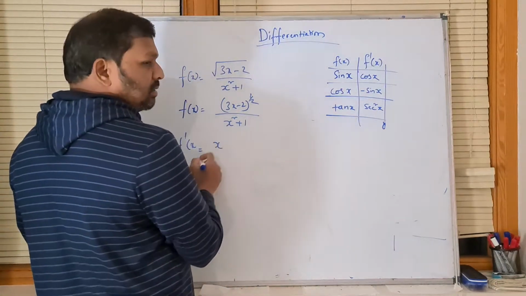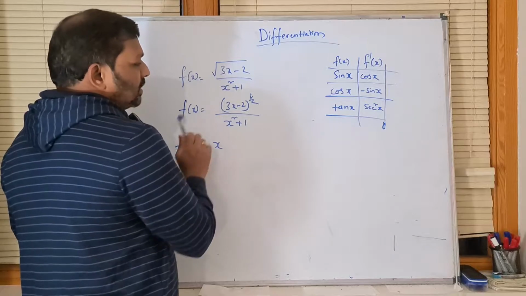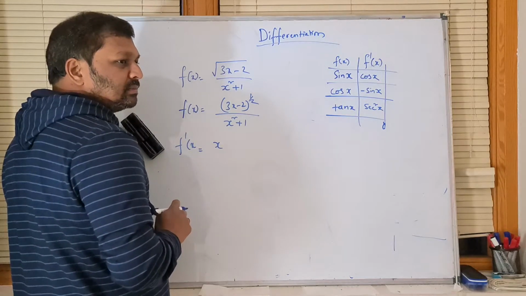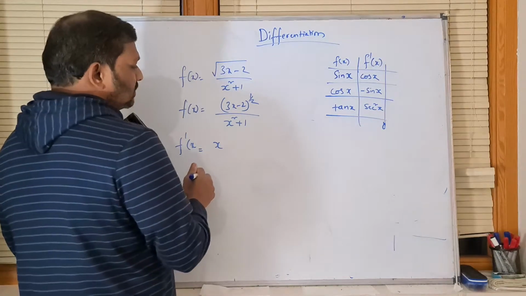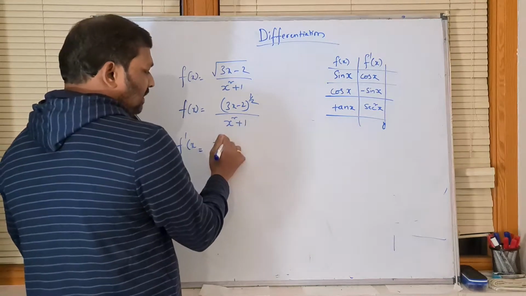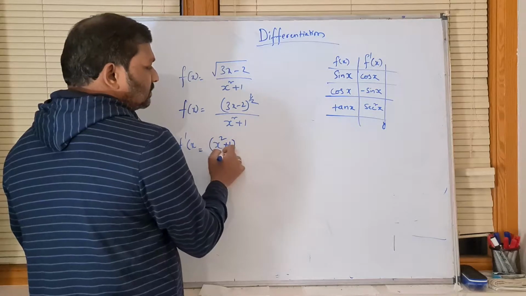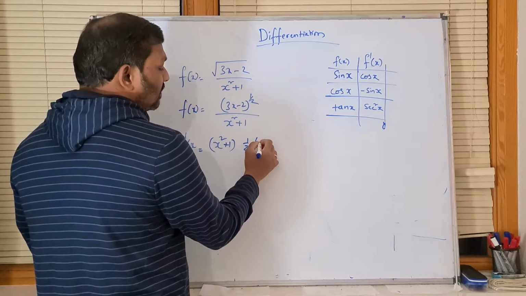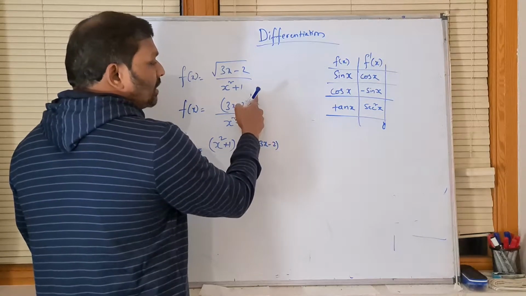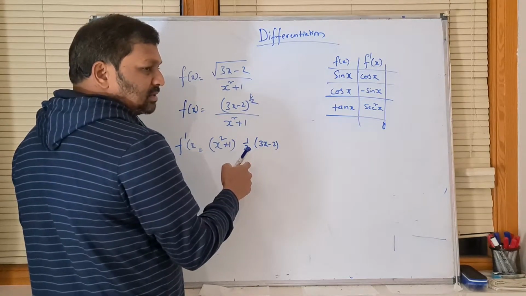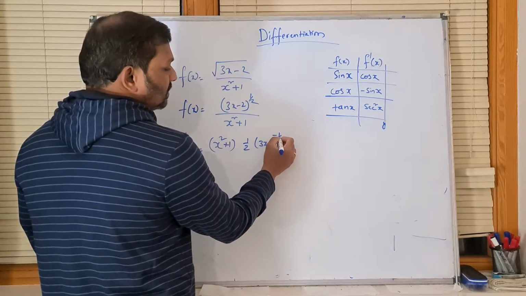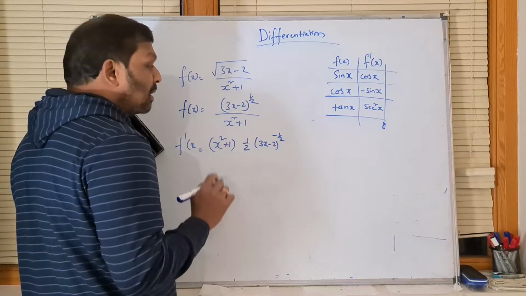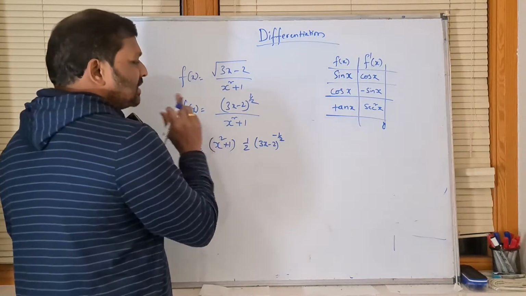Now what is the formula here? This is a function of x, this is a function of x. It's x square plus 1 times the differentiation of this one. What is it? Half times 3x minus 2, power reduced by 1, so half and minus 1 by 2. That's why I've intentionally given this.